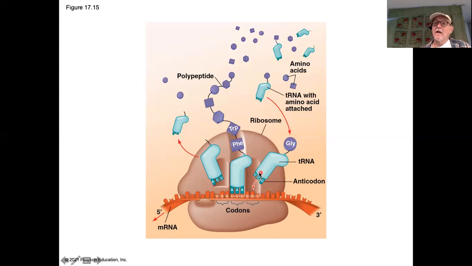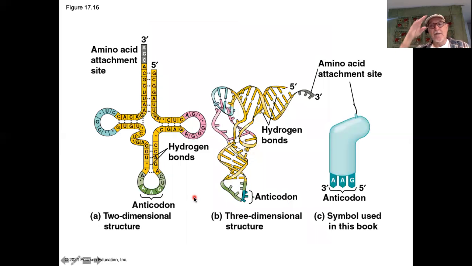In doing so, we're going to end up making a chain of amino acids, a polypeptide, in a specific order determined by the order of the codons, which in turn was determined by the order of the triplets in DNA. So let's have a look at a transfer RNA. We will seldom see it in its more complex form. We usually just simplify it like this.